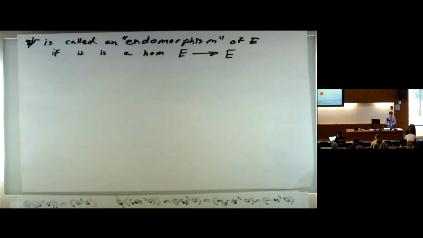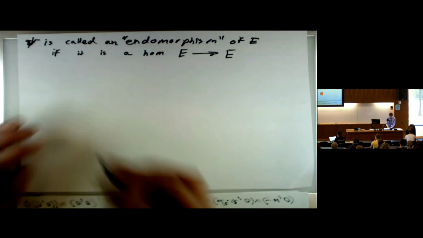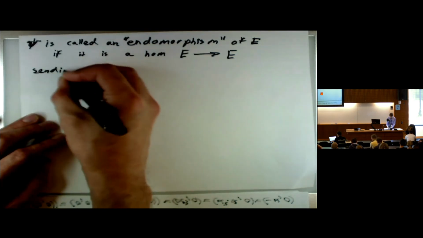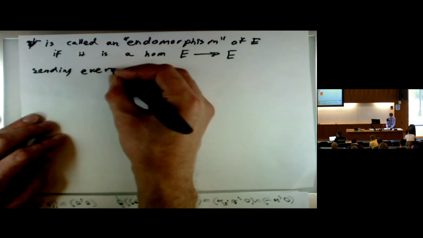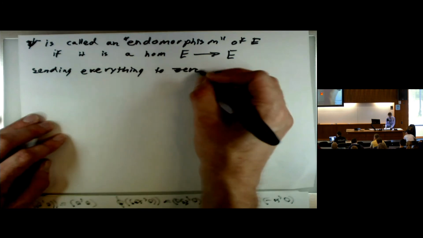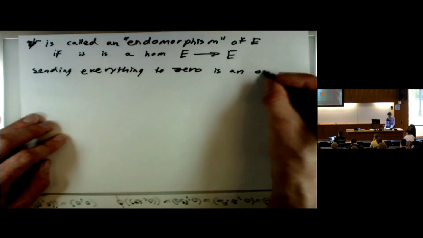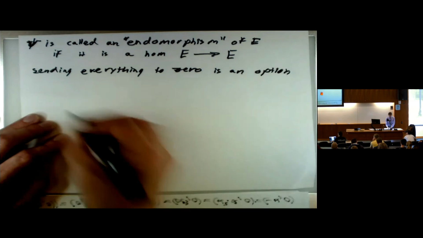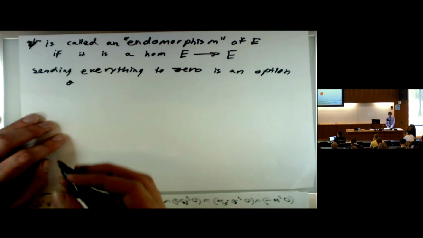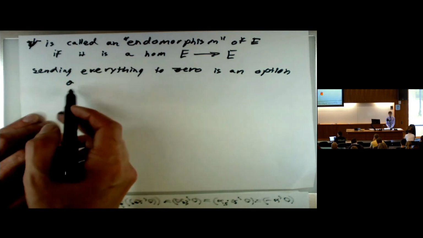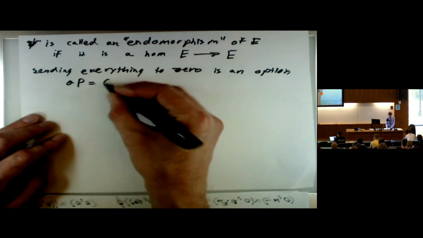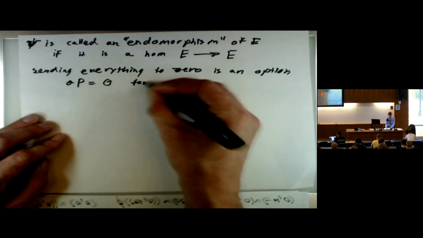You can send everything to 0, for instance. I mean the identity, of course. So we would denote that endomorphism by 0. So 0 dot P equals O for all P.